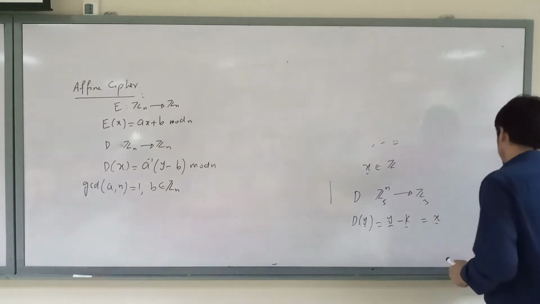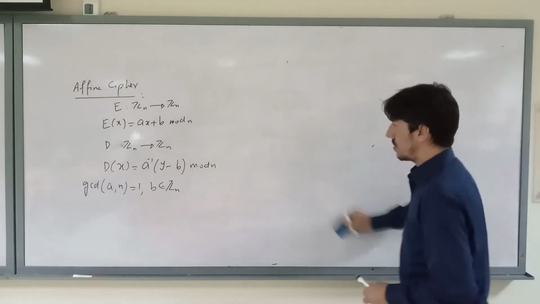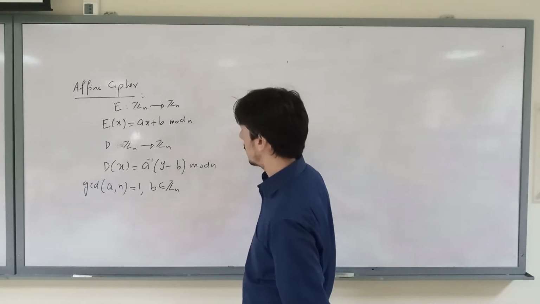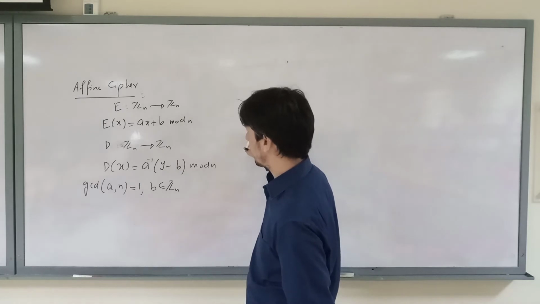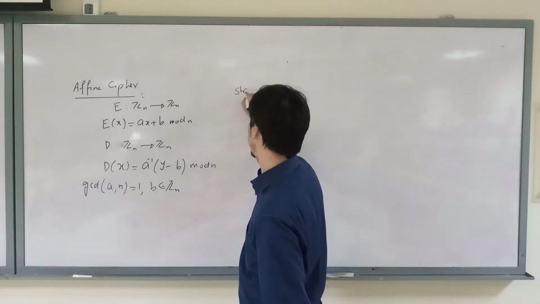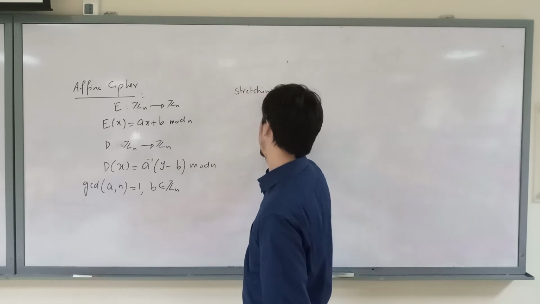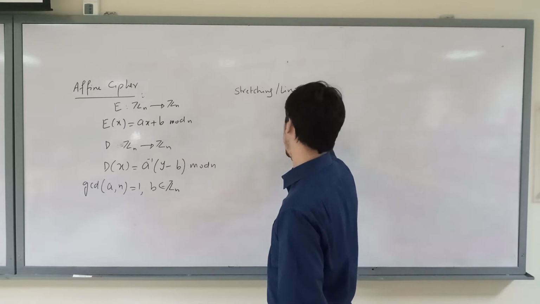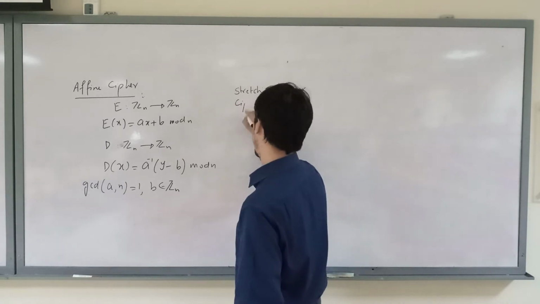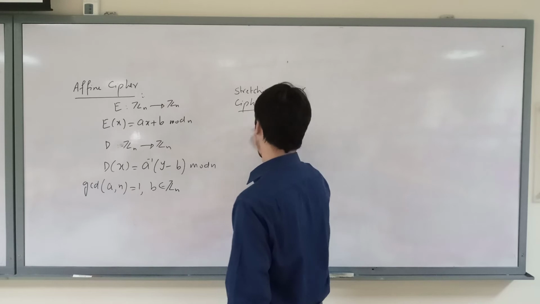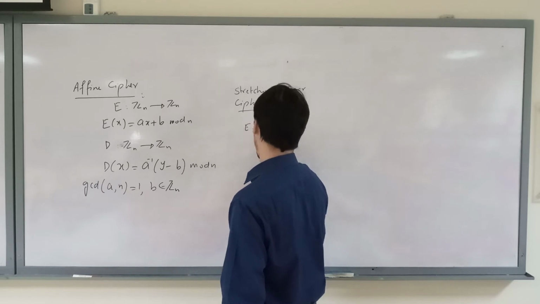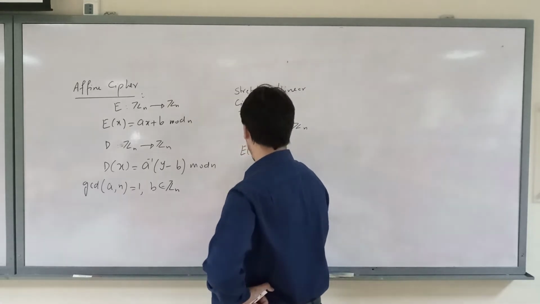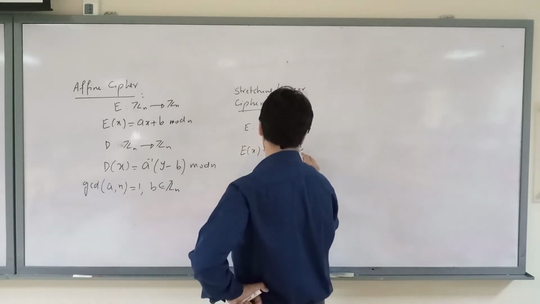One thing that I am going to do is use just this stretching, or I can say linear cipher. That is the encryption from Zn to Zn, and I call it A times X mod n.